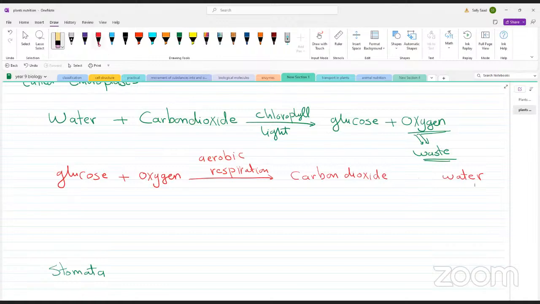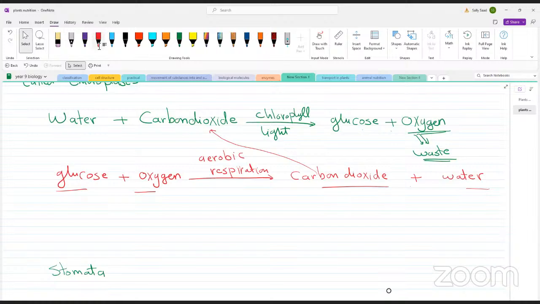So glucose and oxygen are the products of photosynthesis. Carbon dioxide and water are the products of respiration. This will be taken to the mitochondria to give glucose and oxygen.